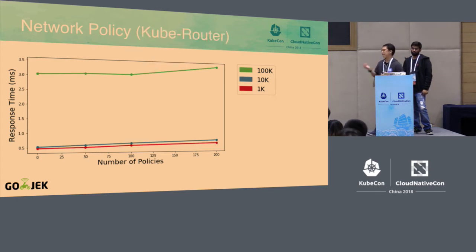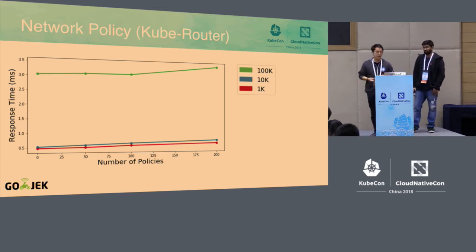For kube-router, again, a similar result. A little bit higher, but still not meaningful. They add an additional 0.4 millisecond response time for the green one, which is the 100 kilobyte response. We did not test the other CNI plugins because obviously not all CNI plugins offer this network policy feature.